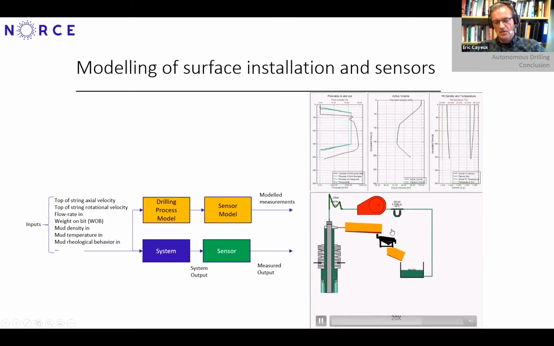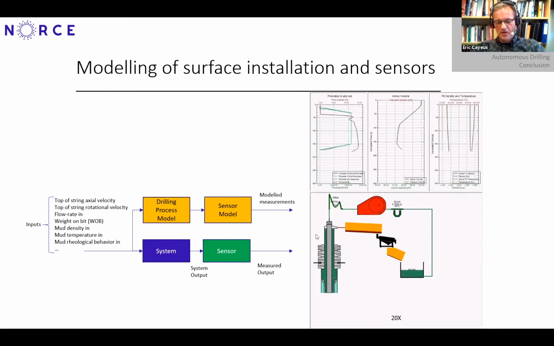And we have a relatively good match between the pit volume variations compared to the delay which is introduced by these systems on the pit volume. We have similar things for hook load measurements, depending on where you put your hook load sensor, whether it's at the deadline or the top drive, and so on and so forth.